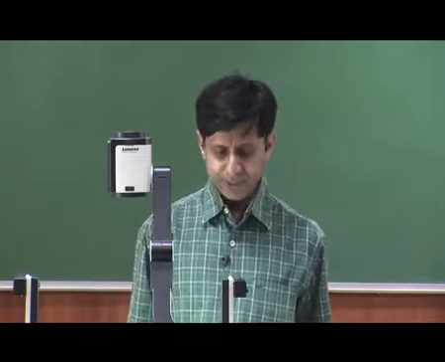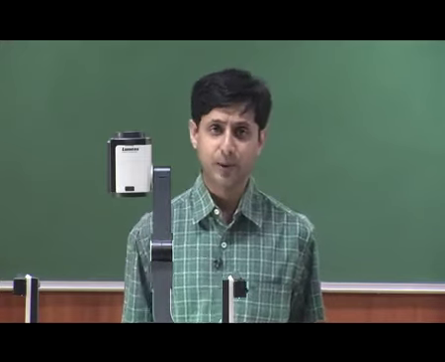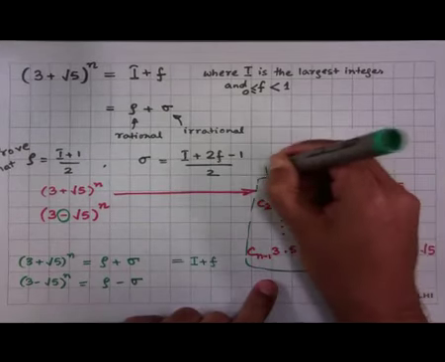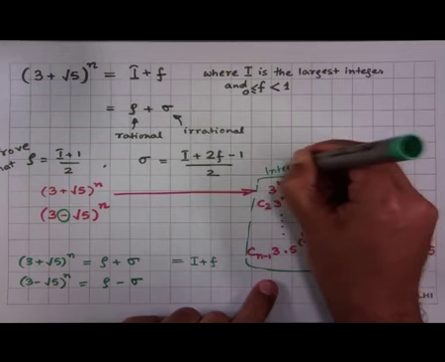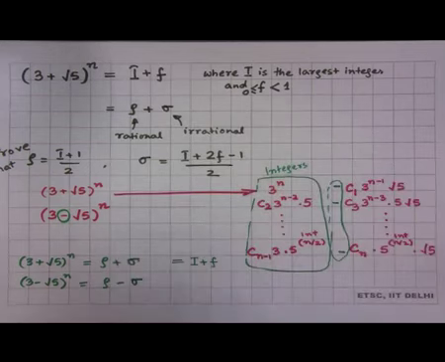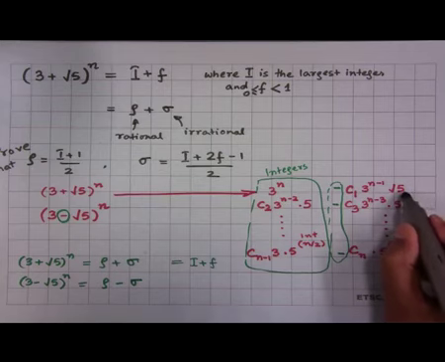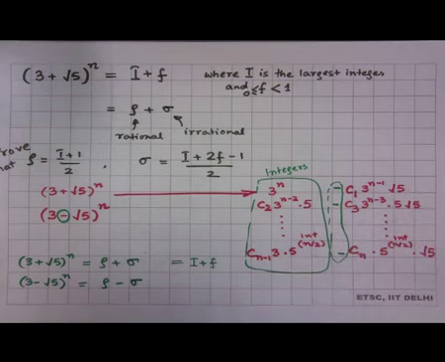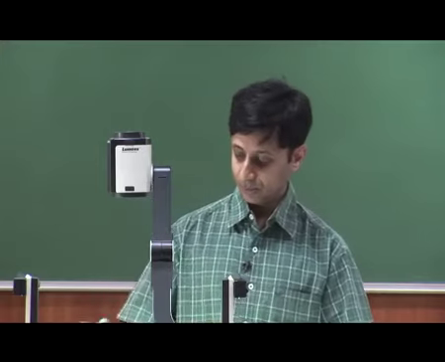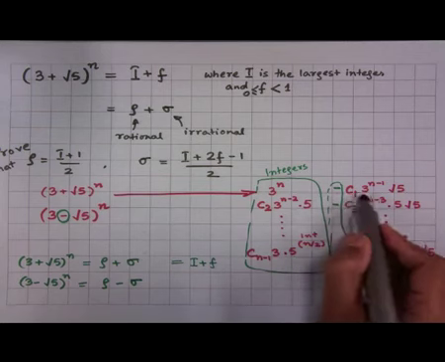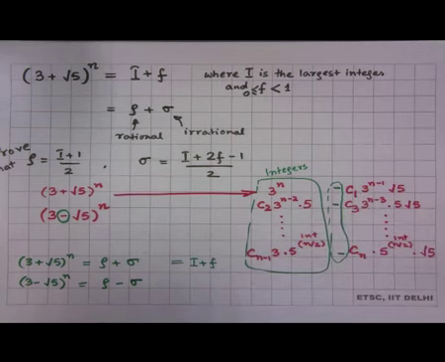Okay. But 3 minus root 5 whole power n, what is that going to be equal to? So, these are all integers. So, you do not have to worry about these, and inside of this root 5, for example, right, is something more than 2, right, 2 plus a fraction. So, that fraction times C 1 times 3 power n minus 1 will give you a little fraction, some other fraction.